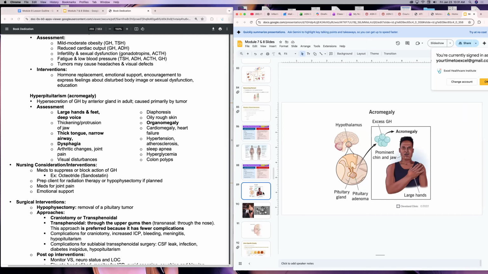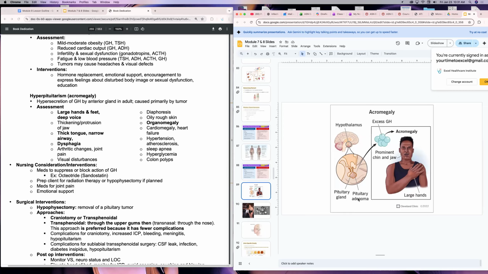So an individual with acromegaly has excessive amounts of growth hormone, and they grow to be very large. Okay, and so as we can see here in the picture, this individual has a pituitary adenoma. So anytime something ends in OMA, that usually means tumor.